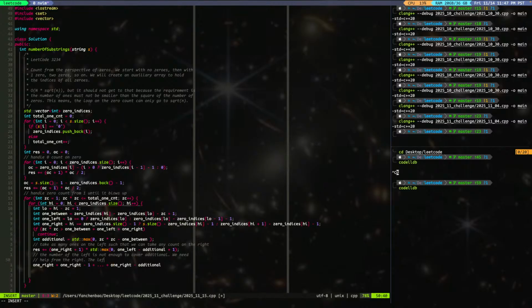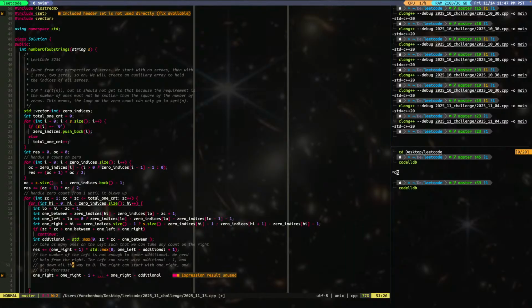So the left can start with additional minus 1 and go down all the way to 0. The right can start with 1 right and increase, and also the right also decreases. The options, right?